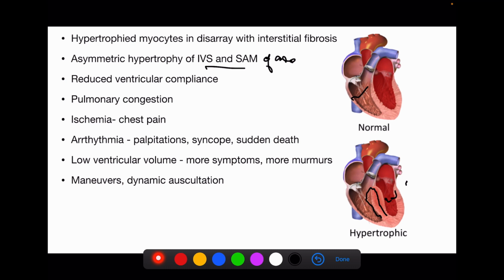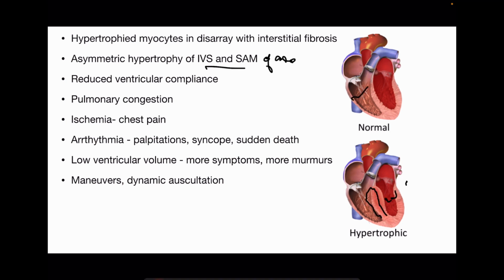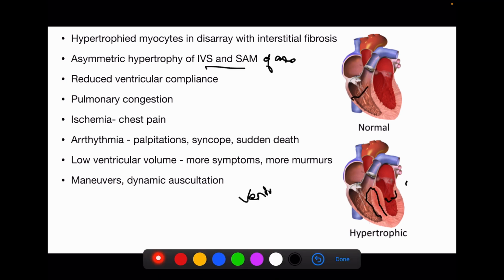So why does SAM occur? There is an effect in physics called the Venturi effect. So what this effect is that whenever there is flow of fluid through a constricted orifice, a constricted area, fluid is flowing here, and when the fluid is flowing through this constricted area, there tends to be a drop in pressure.